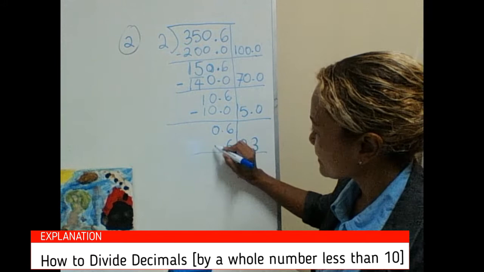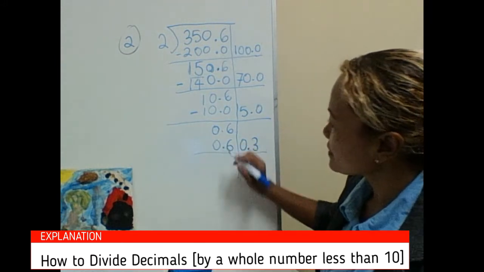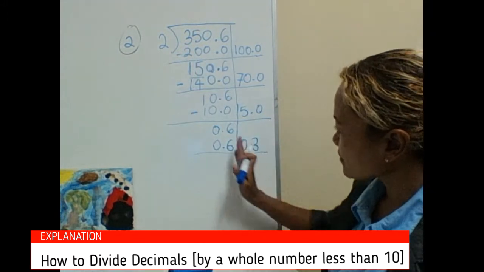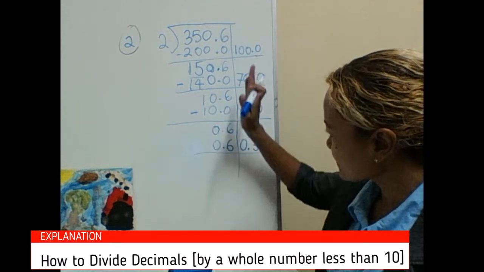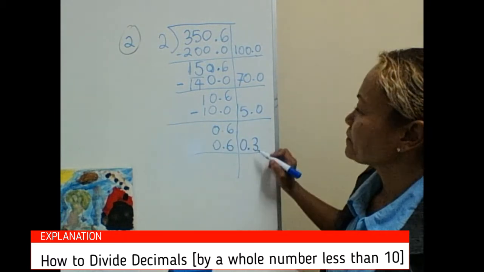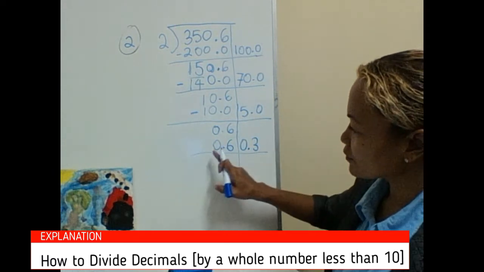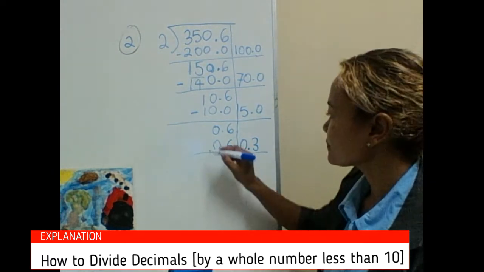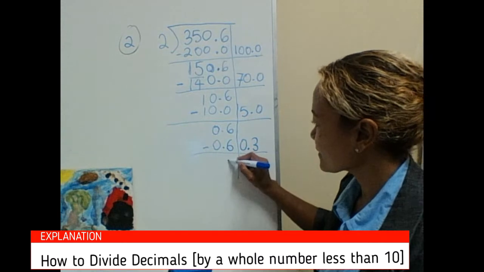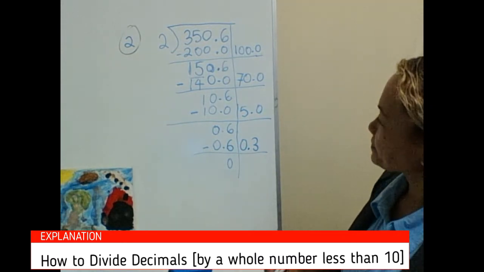Again, fill in the zeros. When you're doing the multiplication, make sure you're aligning all your answers, right? So 2 times 0.3 is equal to 0.6. Minus that, get nil, nothing left.